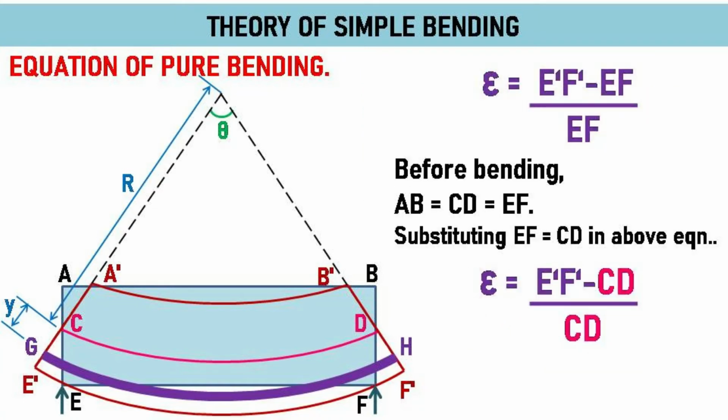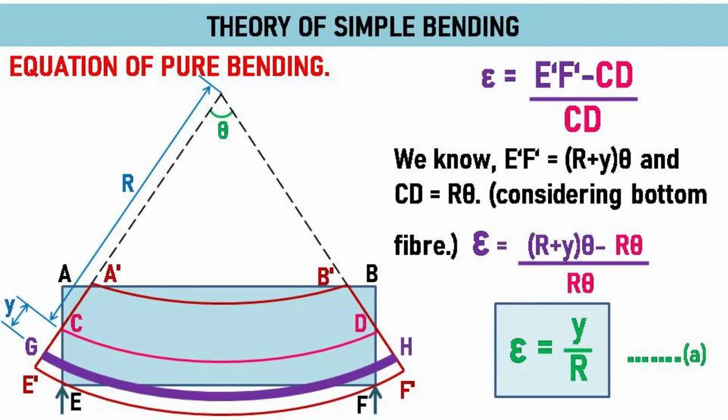Slide 9. Before bending AB is equal to CD is equal to EF. Substituting EF equals CD in the strain equation, we get epsilon is equal to (E dash F dash minus CD) divided by CD. Slide 10. We know, length of arc E dash F dash is (r plus y) times theta and length of arc CD is r times theta.